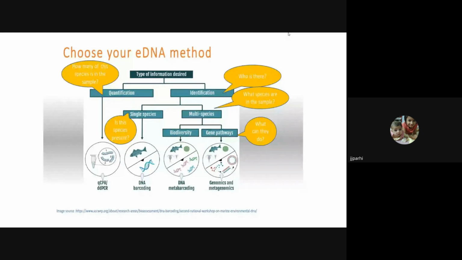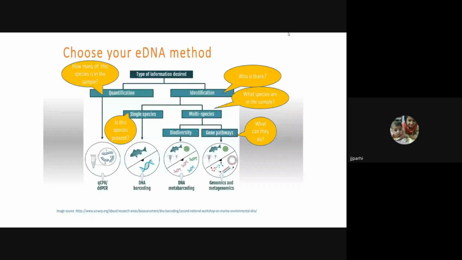The other thing is gene pathways. Gene pathways means they really want to know the function, because in an ecosystem there is a group of living organisms, and they will have interactions.